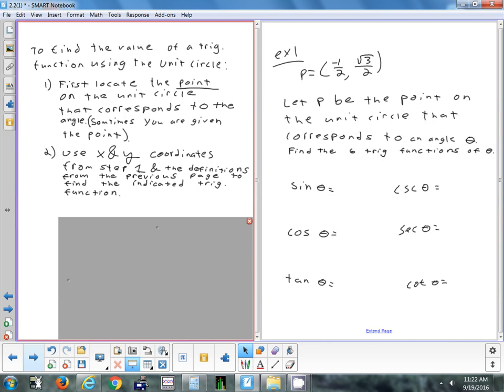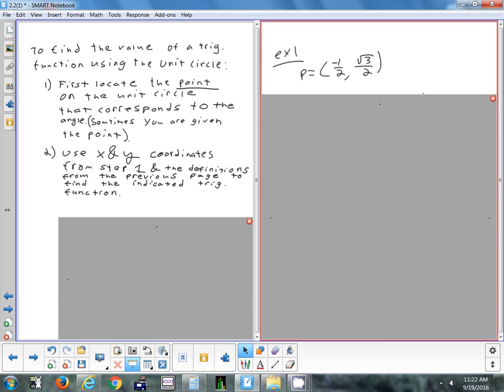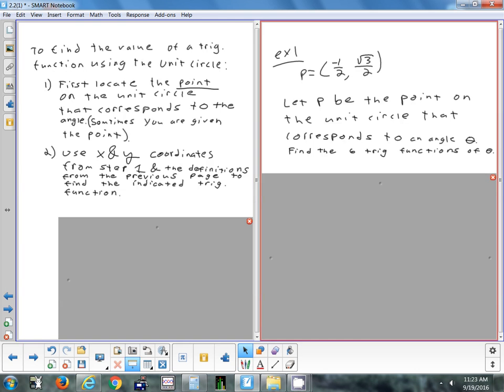For the first one, I'll leave the directions up there while we look at the problem. For example 1, all you really need is the coordinate, -1/2, square root 3 over 2.